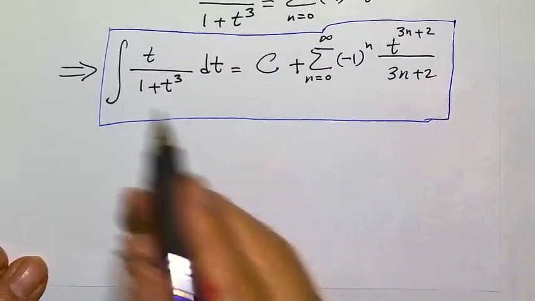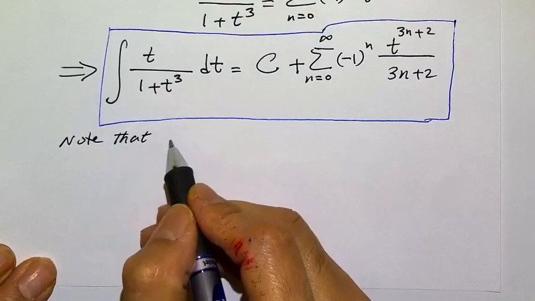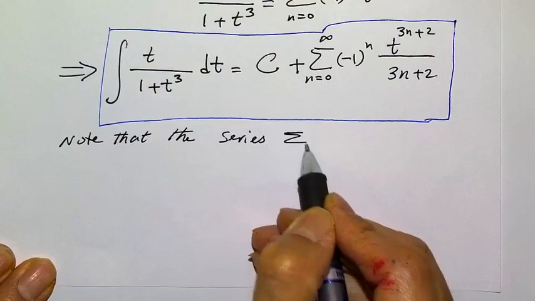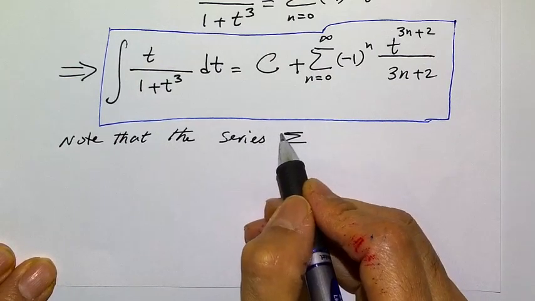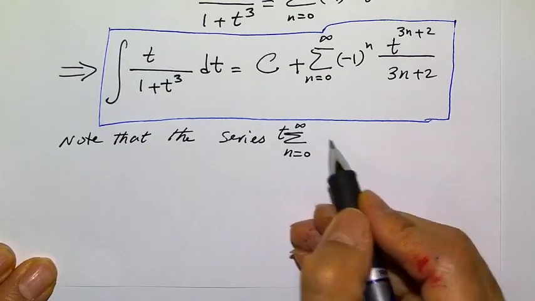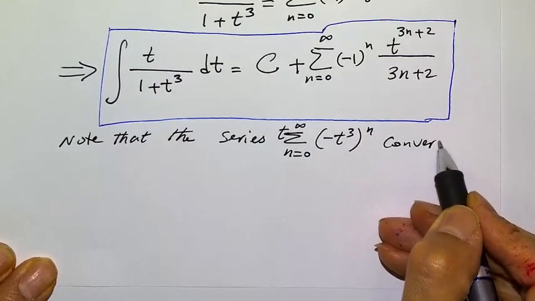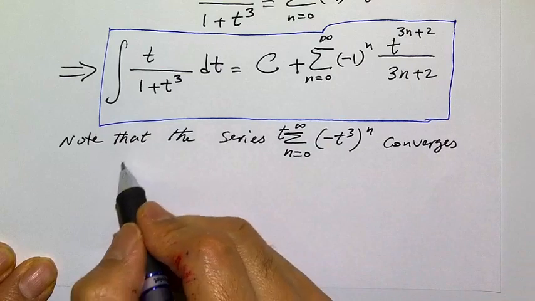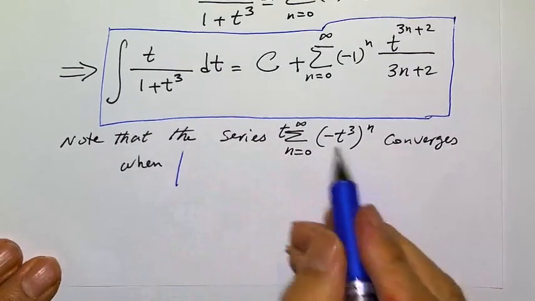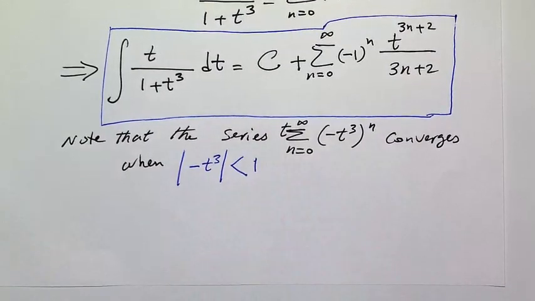So note that the series converges when the absolute value of minus t cubed is less than 1.